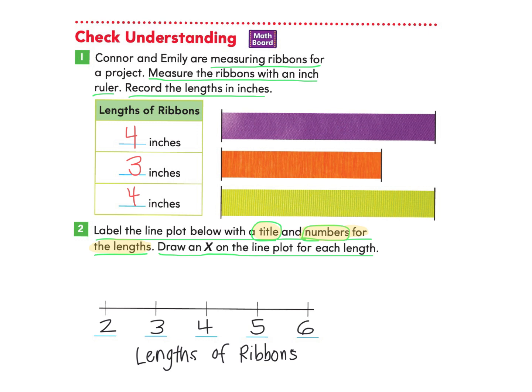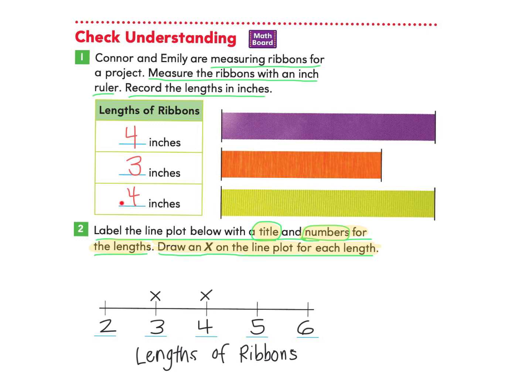Now the last instruction asks me to draw an X on the line plot for each length. Okay, so I'm going to just start at the top of my chart here, and the first number was 4 inches. So I'm going to go ahead and draw an X on 4. Then I go to the next number, which is 3 inches, and I'm going to go ahead and draw an X on 3.